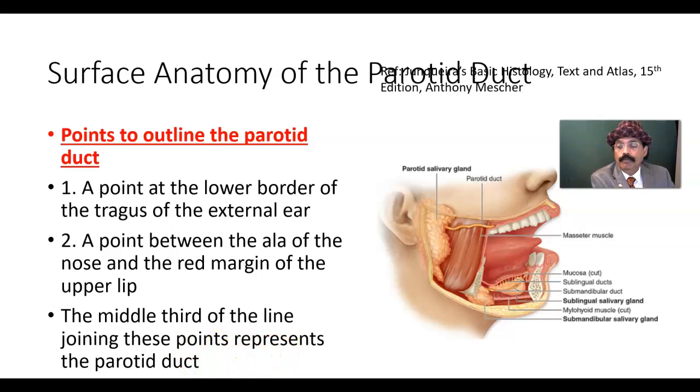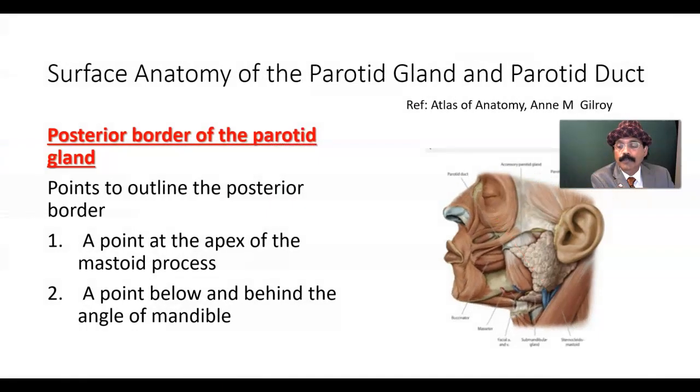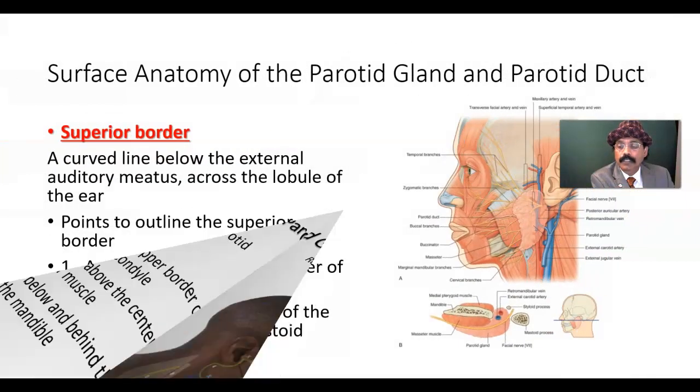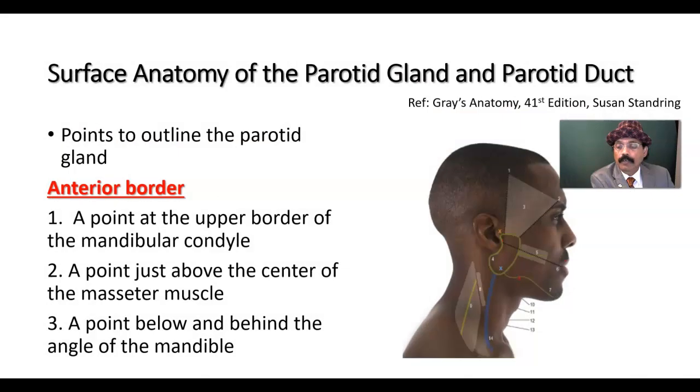If you go to our first image, we'll get the outline. Suppose this is the tragus of the external ear. This is one point.